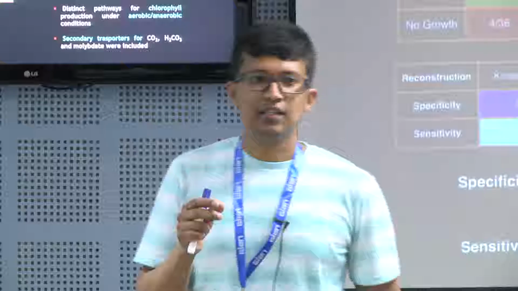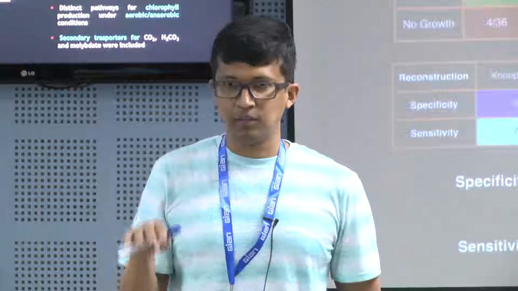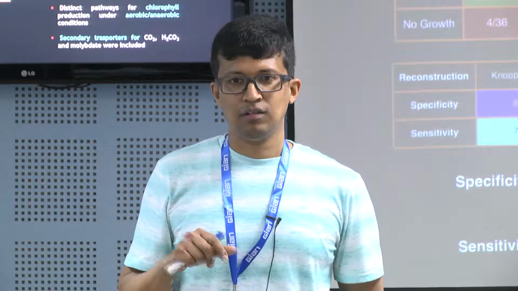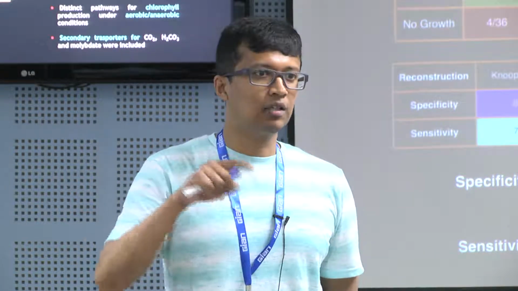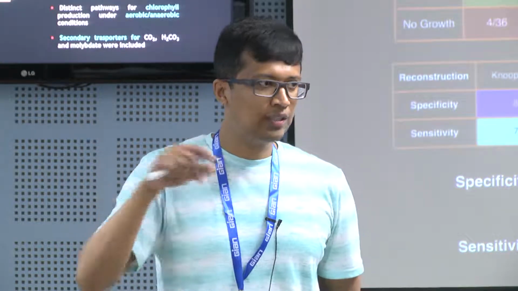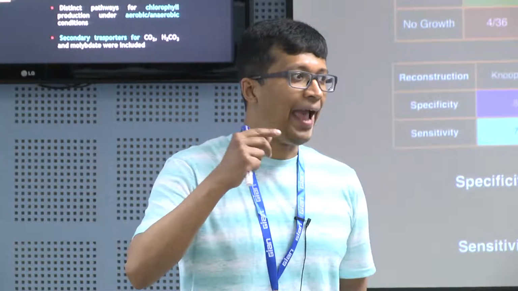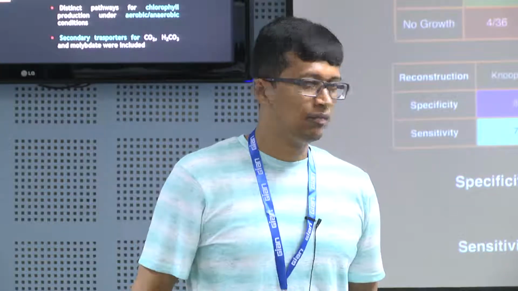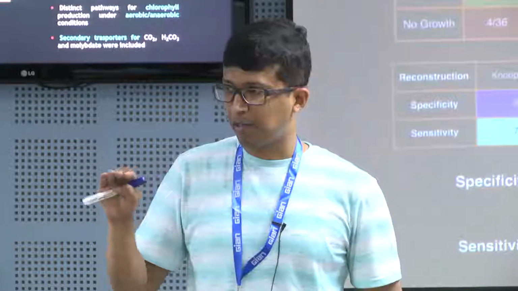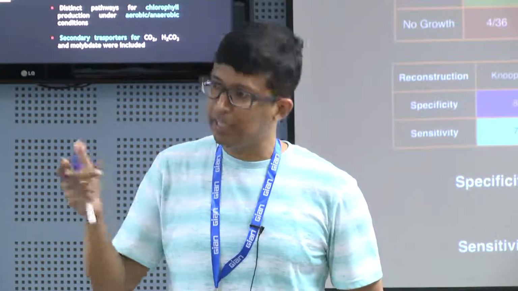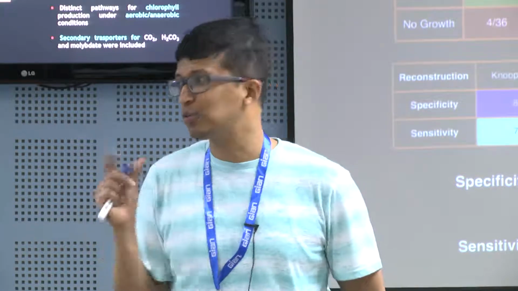That means one common theme is your model has redundancy. So, your model has alternate pathways which in real life should not be there, or they should not be active in that condition. Again, remember, we are developing a metabolic model. It will miss some regulatory information no matter what you do.